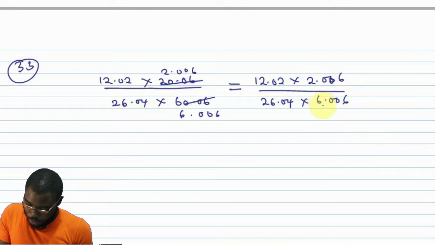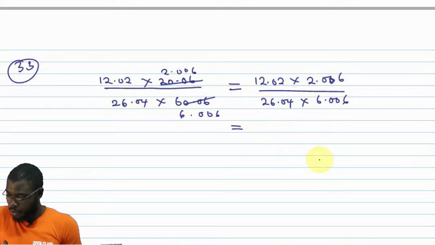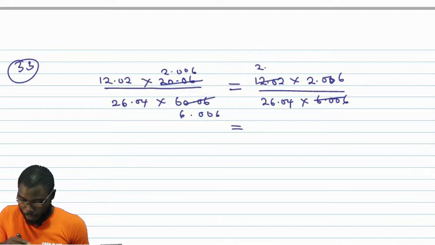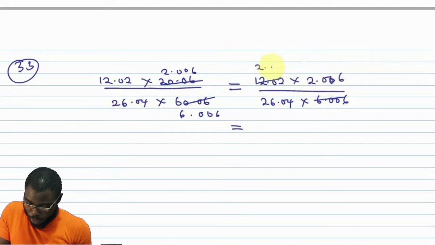Now you can see this is 12.02. Remember that you don't have a calculator, so you just need to do your estimate work. This goes in about 2 times, and then this is 2 point something that you don't know. Then this is 2.04.